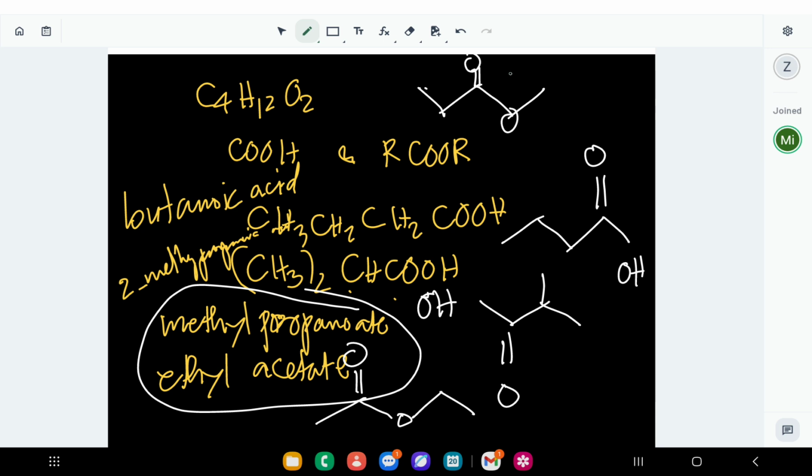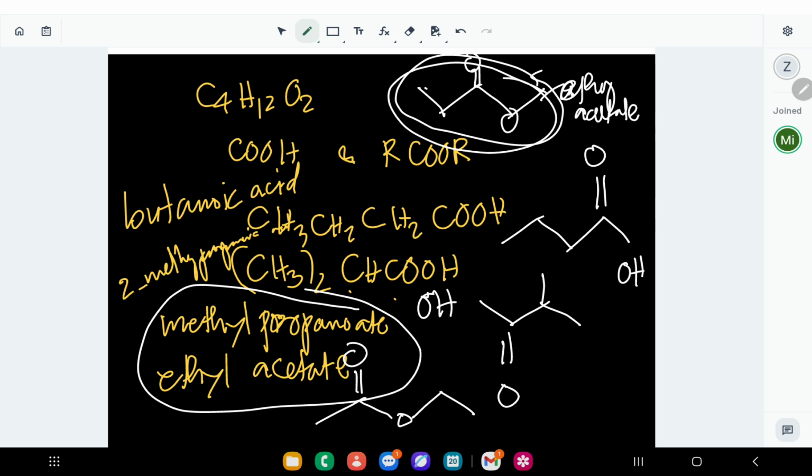So which one's there? This is the skeletal formula of methyl propanoate. And this one is the ethyl acetate. Which one there?